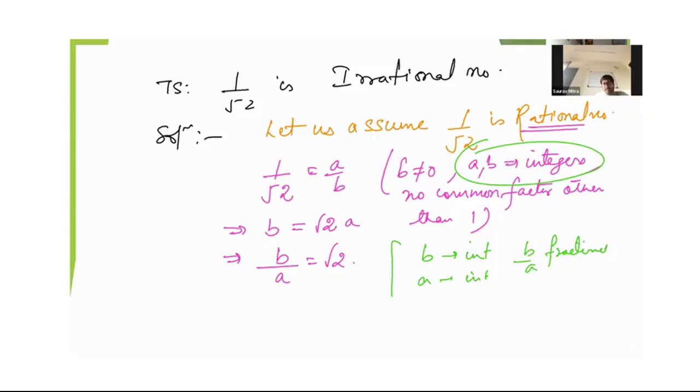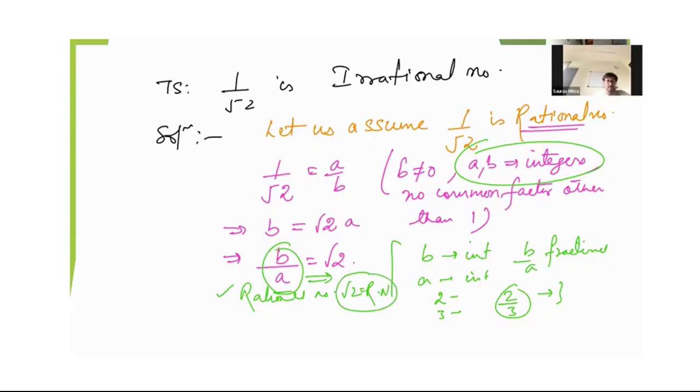Let us suppose we have 2 as an integer and 3 as an integer. If I write 2 by 3, this is a rational number, a fraction. So your left side is becoming a rational number. Since left side equals right side, if the left side is a rational number, then automatically the right side will also be a rational number.